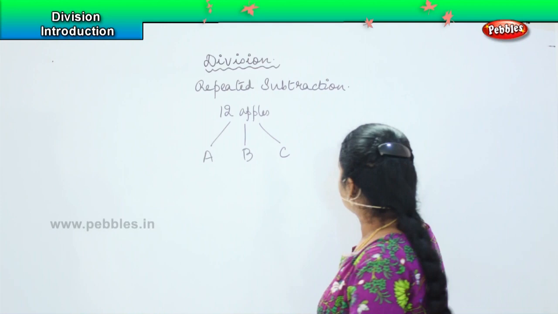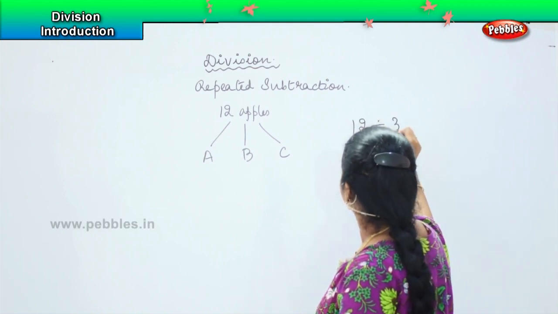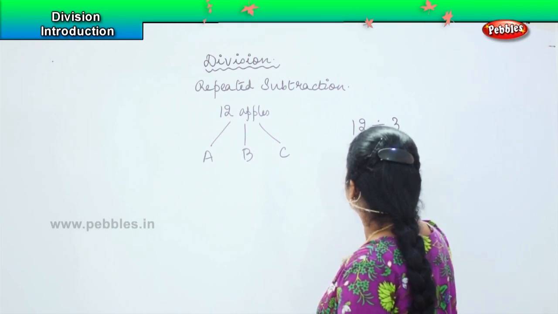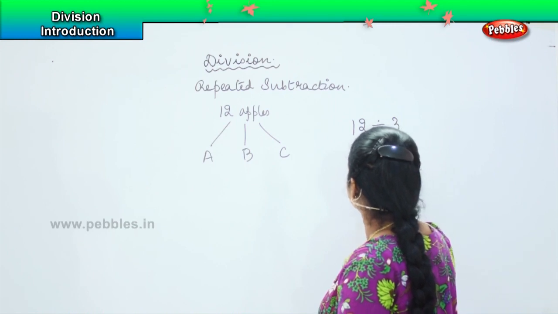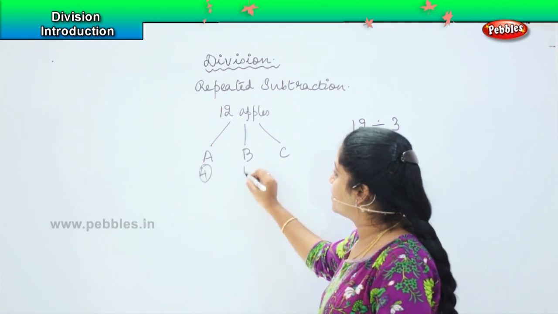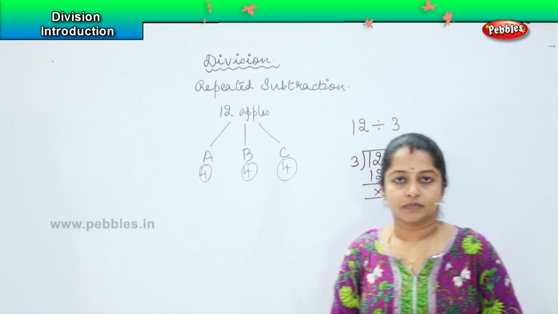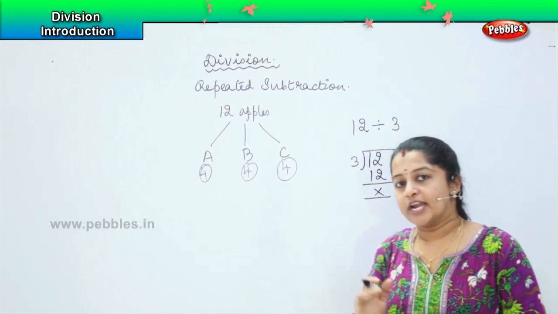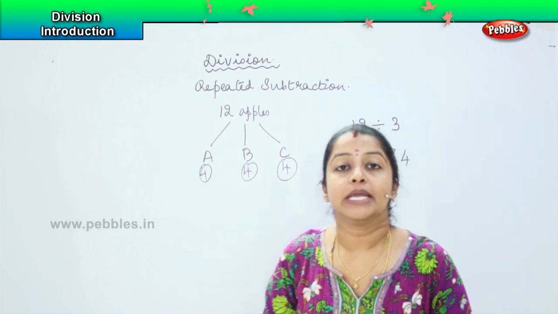So what will I do, children? I will divide it by 3. So 12 divided by 3 is 4, because 3 into 4 is 12. So each gets 4 apples equally.